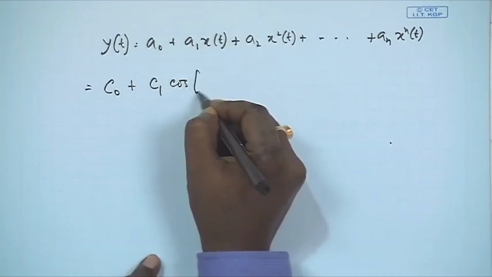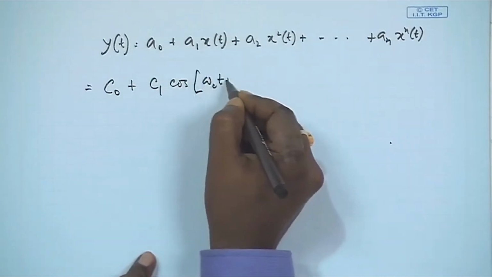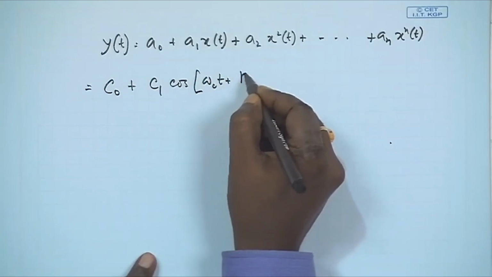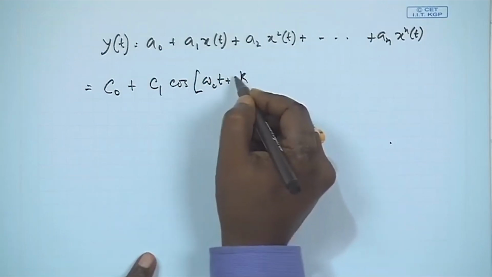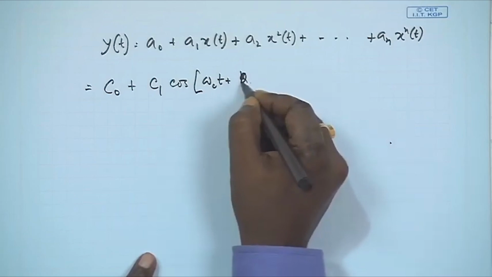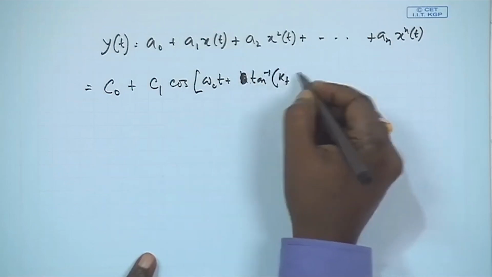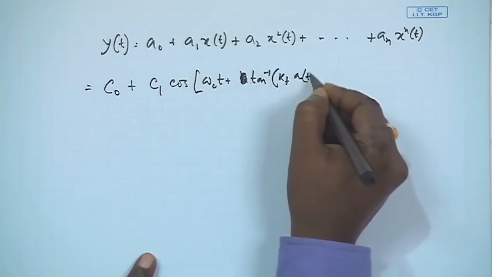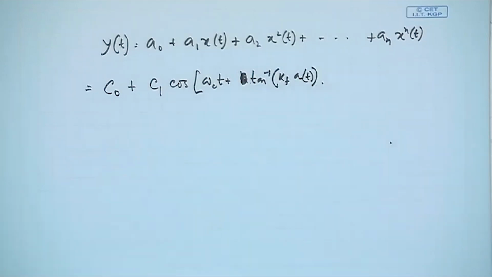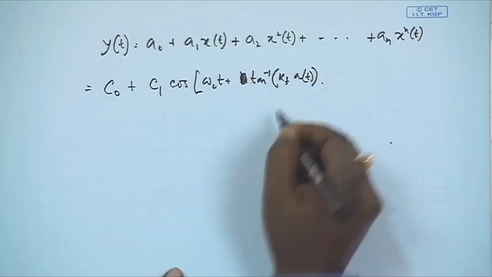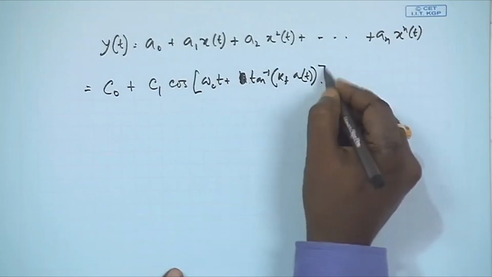So, that will be cos omega c t plus, ideally, tan inverse. I can just write it that way, tan inverse kf, let us write it just for brevity.